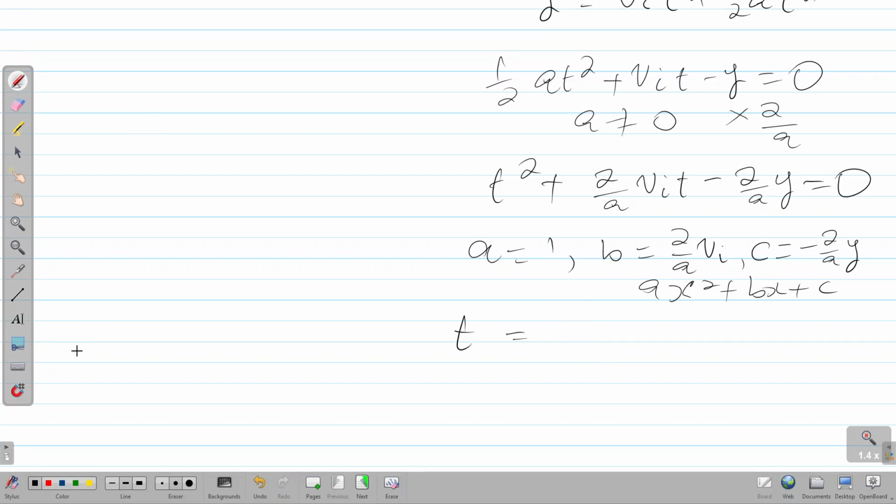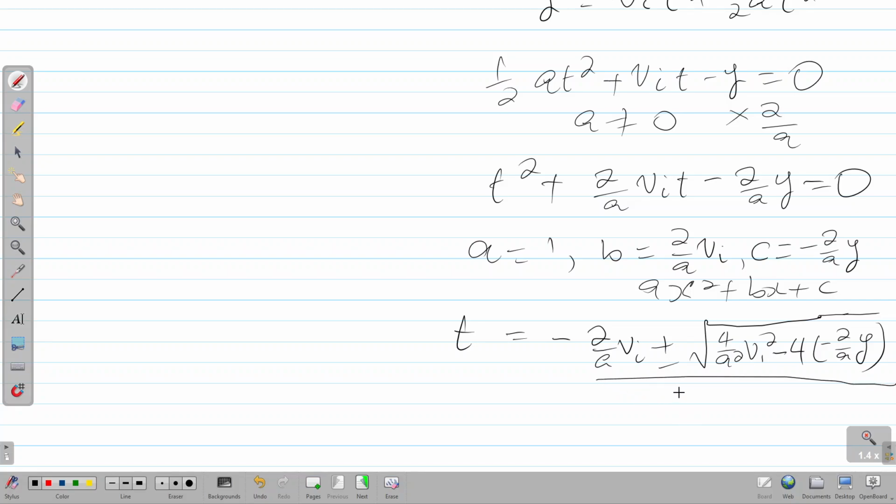It's minus b, which is 2 over a v initial plus minus the square root of b squared, and b squared is going to be 4 over a squared v initial squared, minus 4 times a, which is 1, times c, which is minus 2 over a y, divided by 2a, which is 2 times 1 is 2, right?